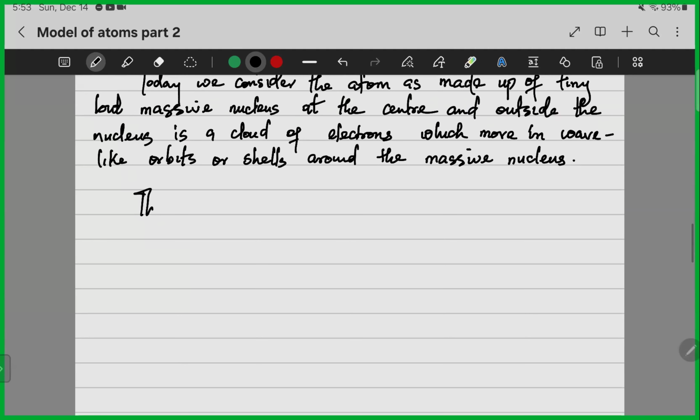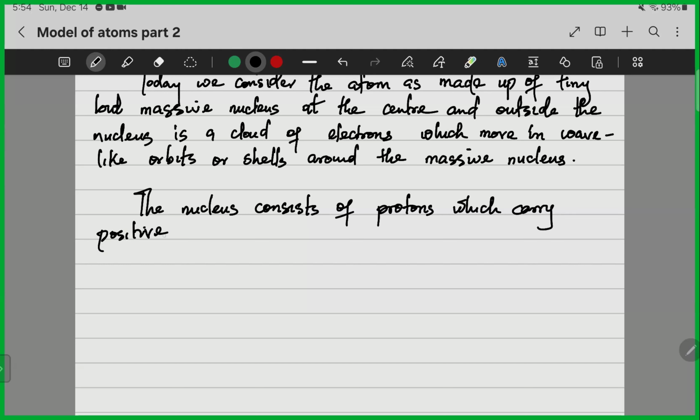Now, it is good to note that the nucleus consists of protons which carry positive charges, and neutrons which are neutral.